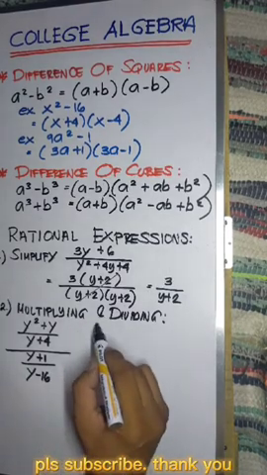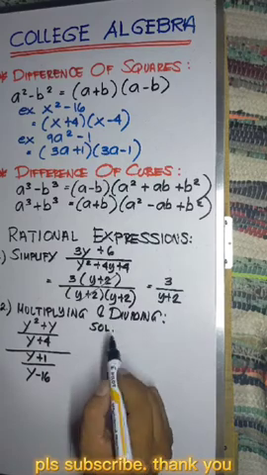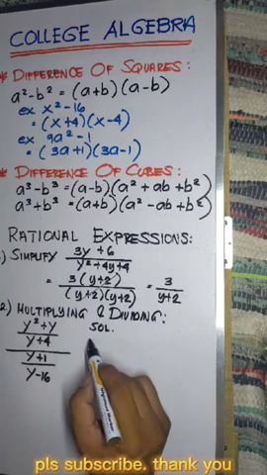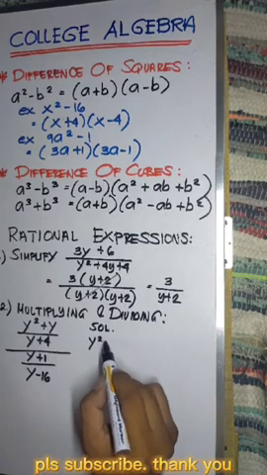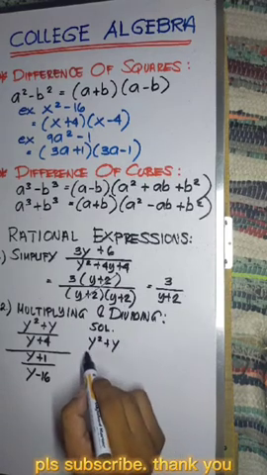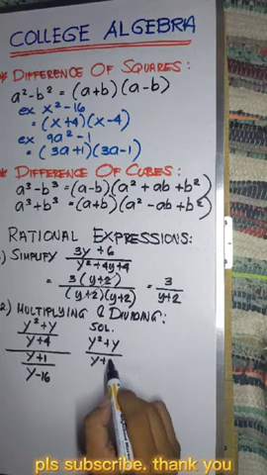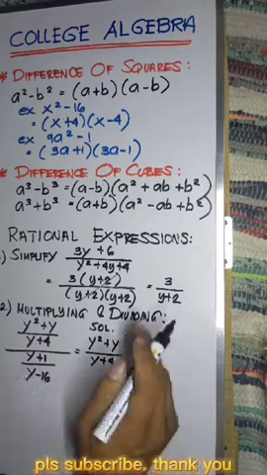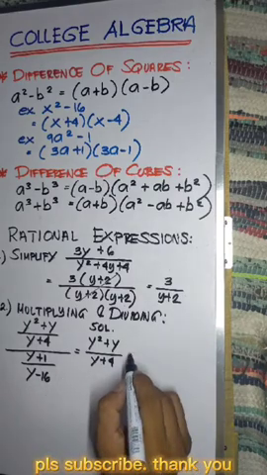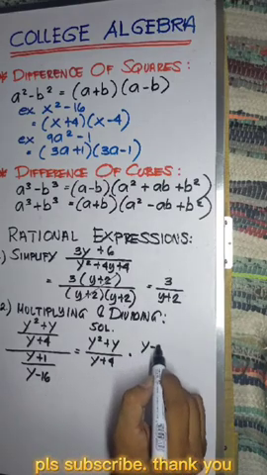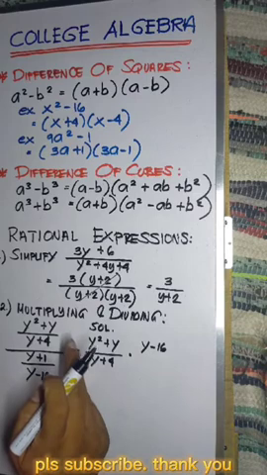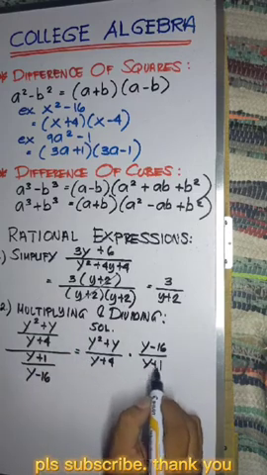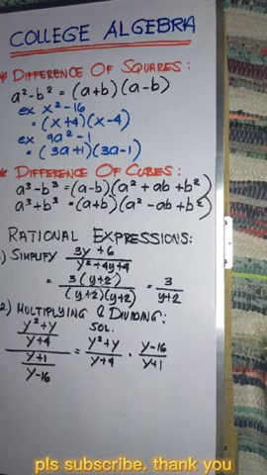So the solution will be (y squared plus y) over (y plus 4) times (y minus 16), so this will become the numerator, over y plus 1. Okay.